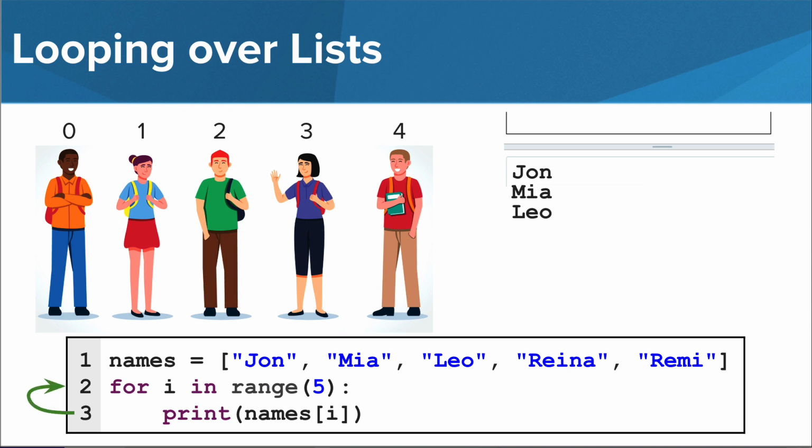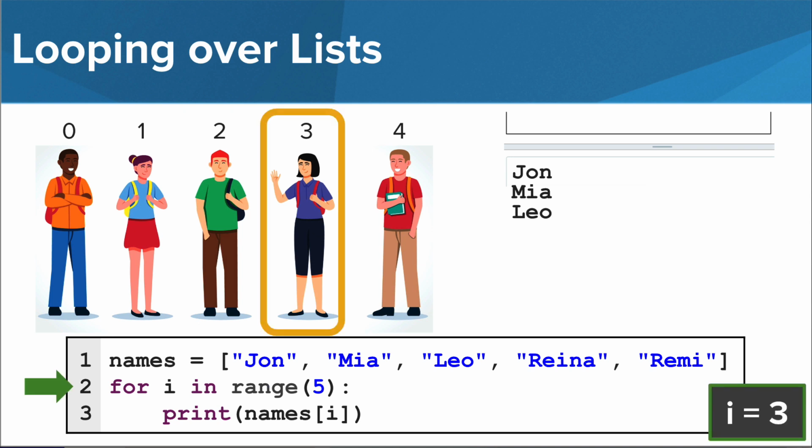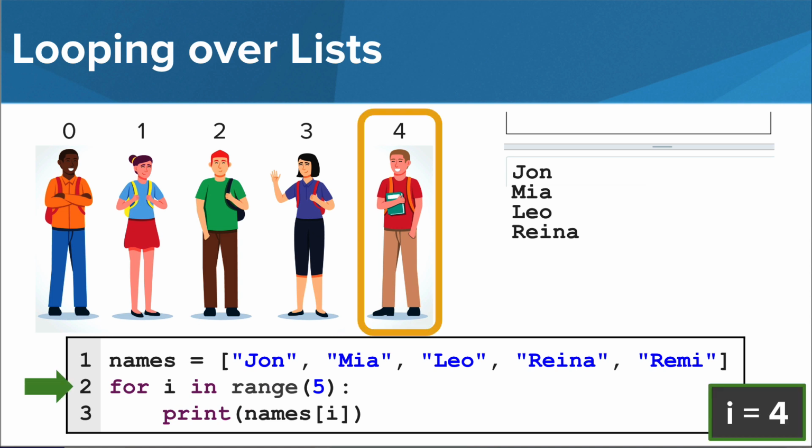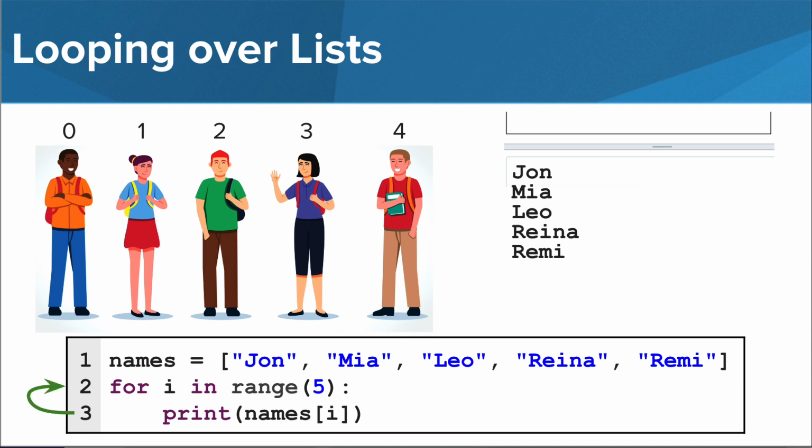The loop returns, and the value of i is increased to 3. The command inside is run, and Reina is printed. The loop returns once again, and i becomes 4. The value at index 4, Remy, is printed to the console. The loop returns back, but it has now reached the stopping point of 5, and the loop is finished.